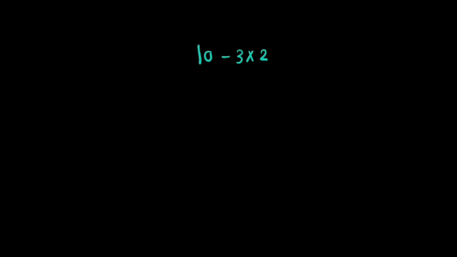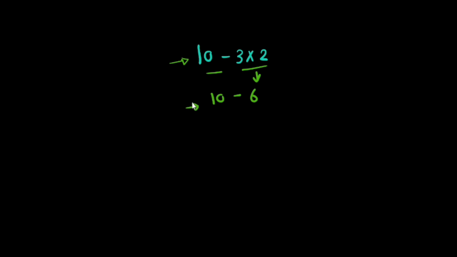This problem here is 10 minus 3 times 2. If I remember the phrase Please Excuse My Dear Aunt Sally, P for parentheses, I have no parentheses here. E for exponent, I have no exponent here. M for multiplication, I start from the left to the right, and I have 3 times 2, which is 6. I drop everything the same: 10 minus 6.